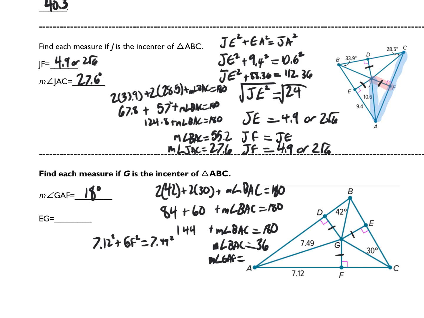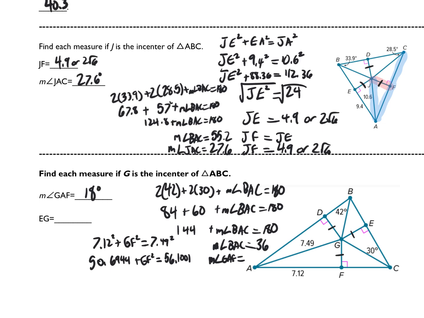So 7.12 squared is 50.6944. And 7.49 squared is 56.1001. So subtract 56.1001 minus 50.6944.